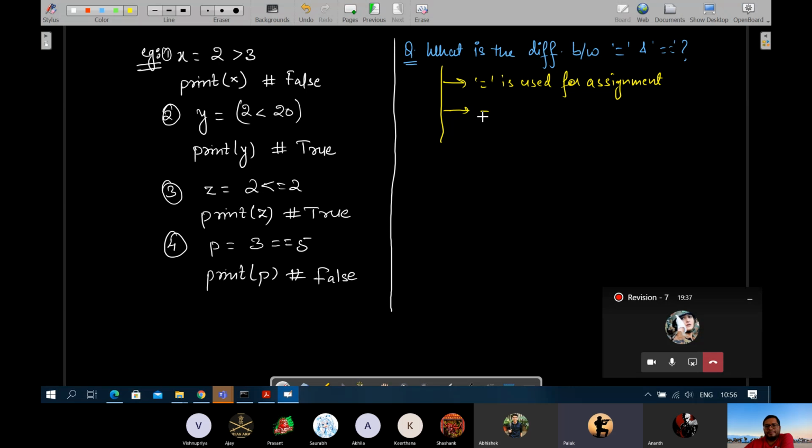Equality is used for checking equality of data values.